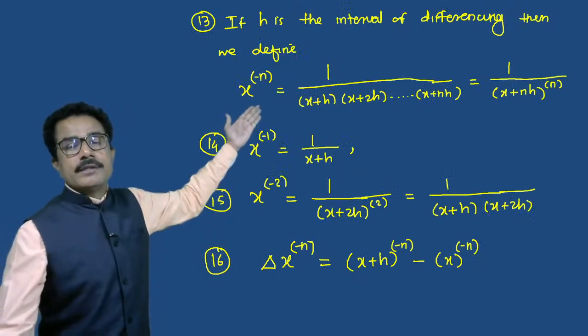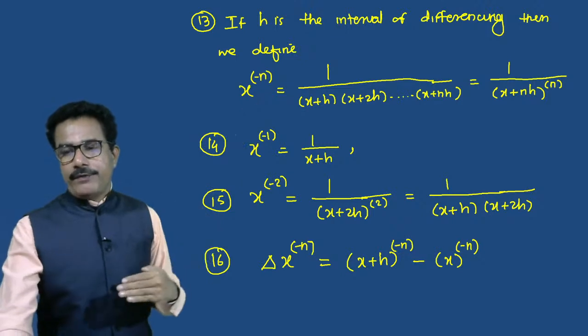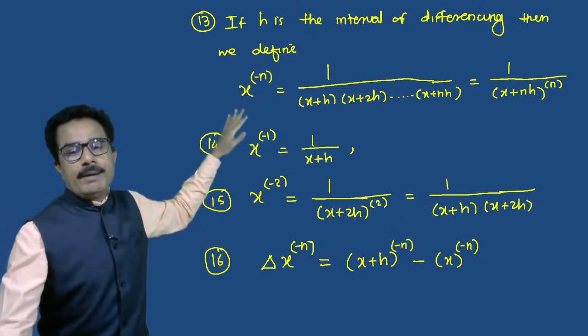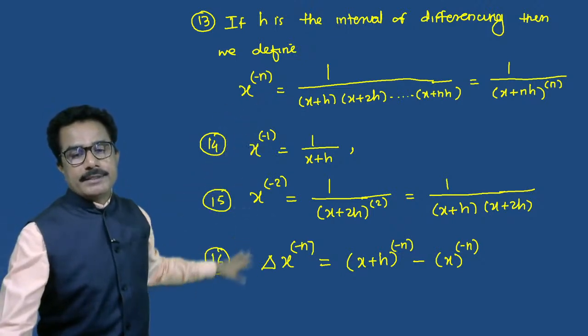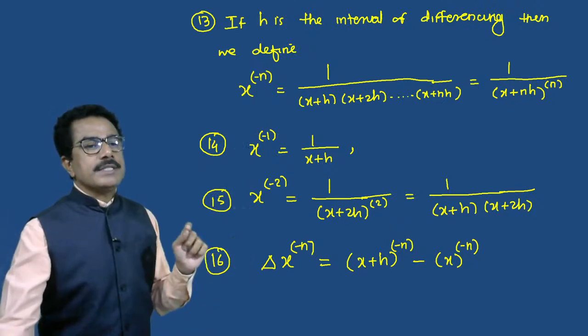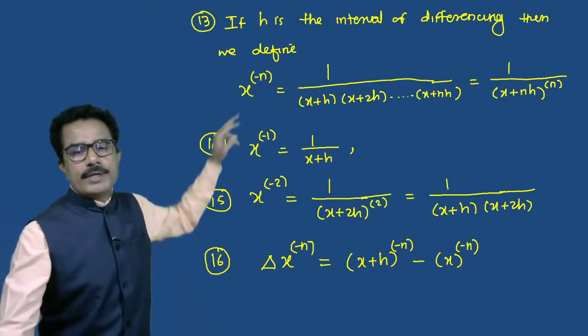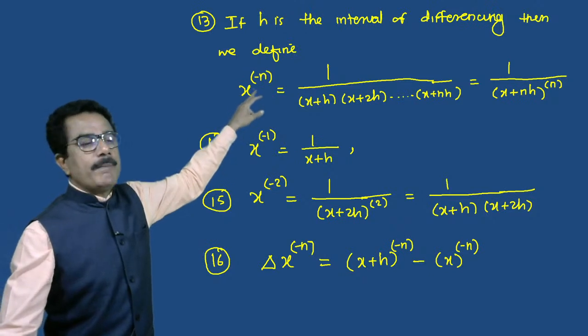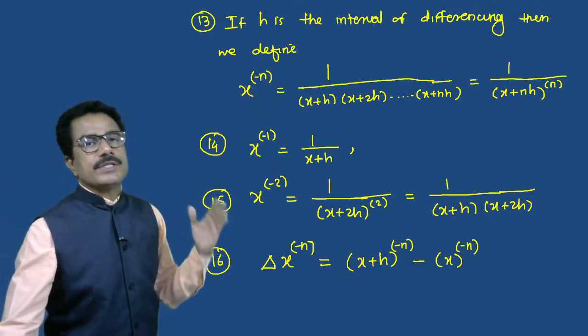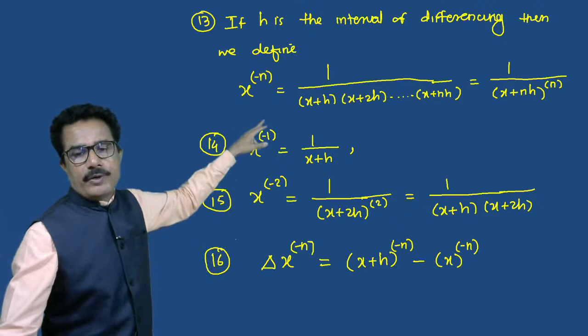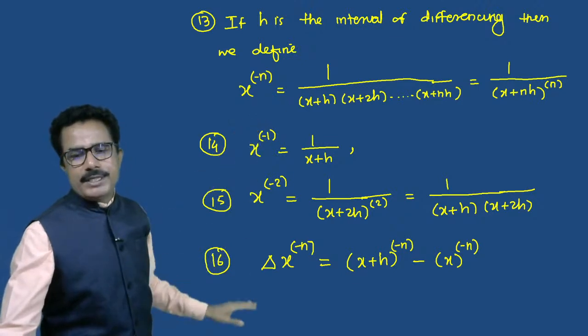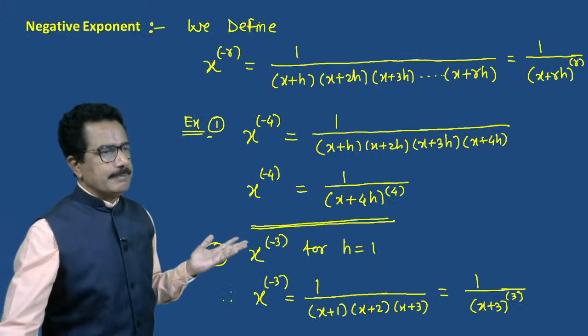Also we have seen the negative exponent form. Here h is the interval of differentiation, then we can write x raised to minus n factorial, which is equal to 1 upon (x plus h), 1 upon (x plus 2h), and so on. We have seen this in detail previously.